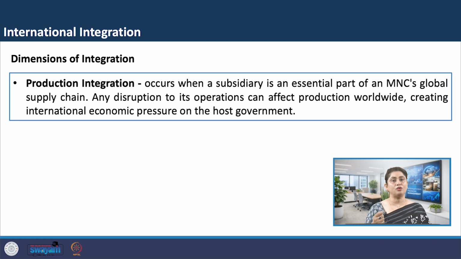Now, if the host government expropriates or shuts down the subsidiary, the entire global production process is disrupted, not just for the MNC, but potentially for its customers and supply chain partners around the world. The ripple effects extend well beyond the host country's borders.